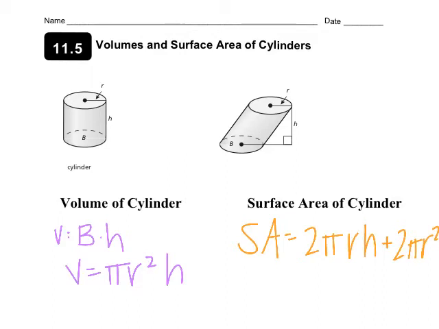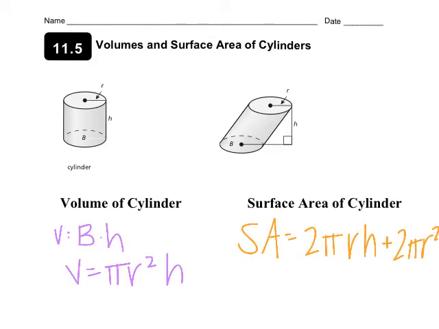If you think about the perimeter of a circle, that would be 2 pi r times the height, okay? So that is where that comes from, that's the pH. Okay, and then plus 2 times the base, which is the area of the base, pi r squared. So it is just like the prism one, okay? So if you get stuck, you can go to that, but there you go.